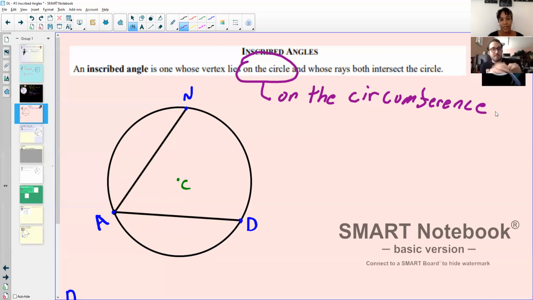You can unmute or type. What do you notice? What's the difference, just by looking at it?